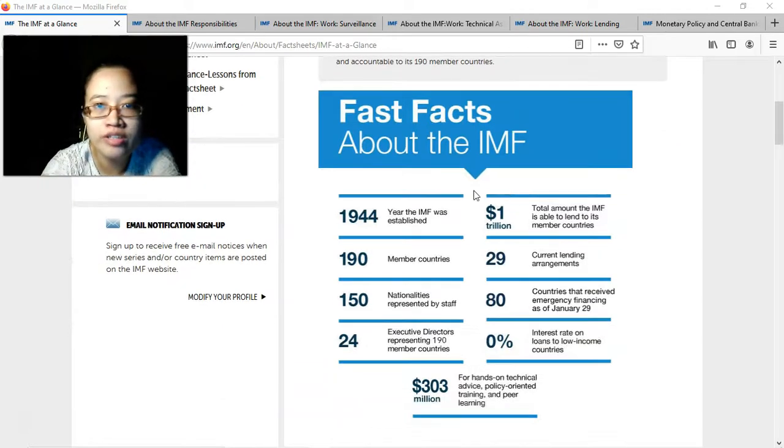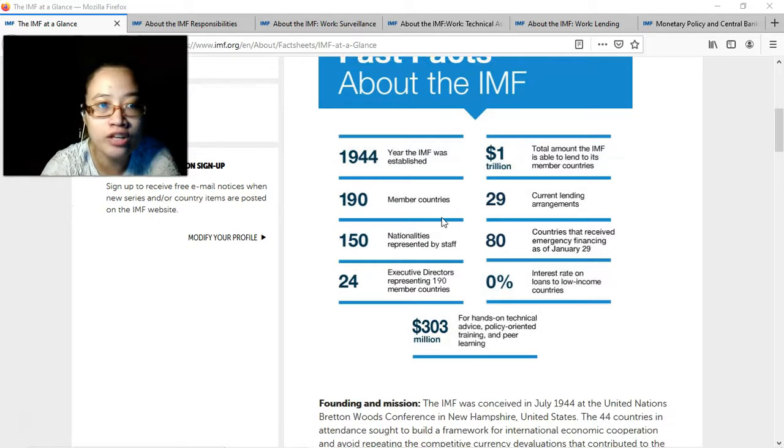Okay, so we have some fast facts about the IMF. It was established in 1944. There are 190 member countries, 150 nationalities represented by their staff, and 24 executive directors representing the 190 member countries. The total amount the IMF is able to lend to its member countries amounts to $1 trillion.